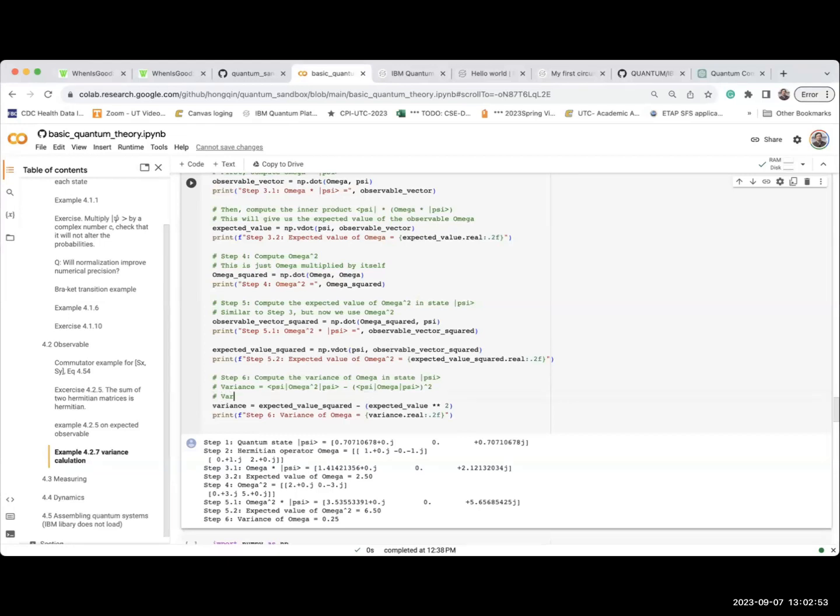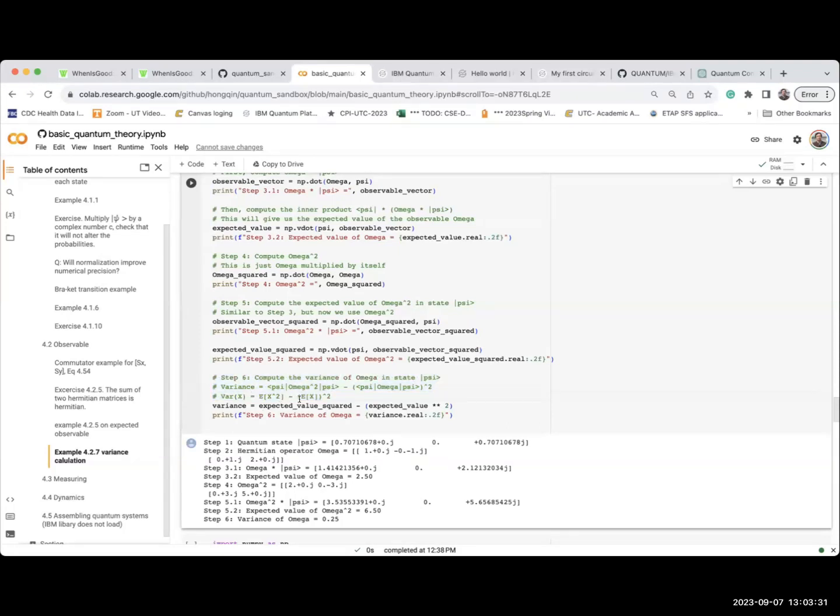Variance of x equals the expectation of x squared minus the expectation of x, squared. Apparently this still works in the quantum state.